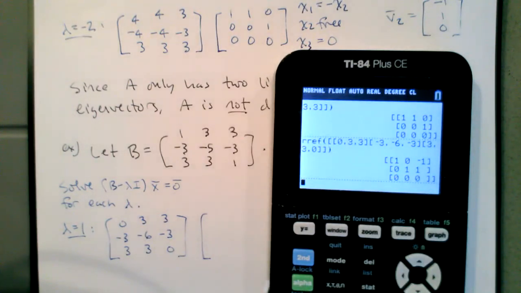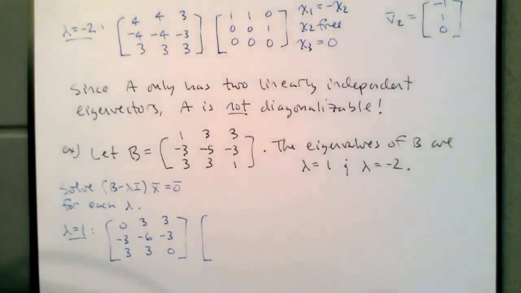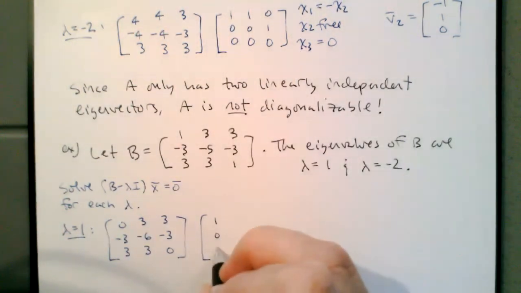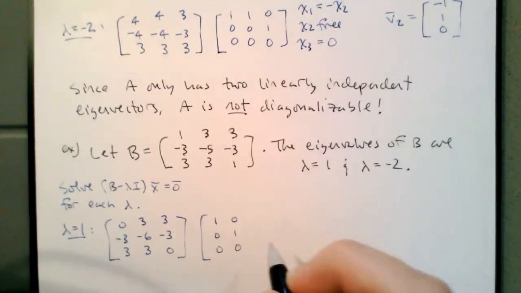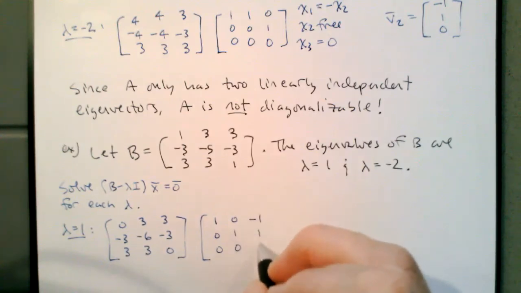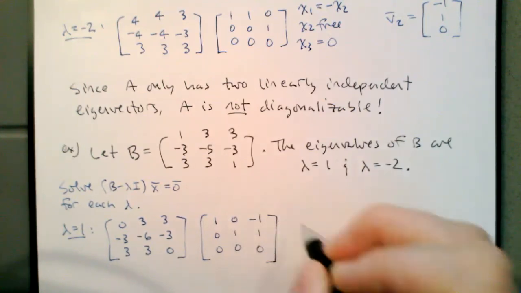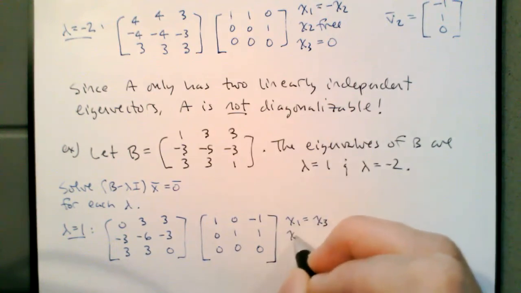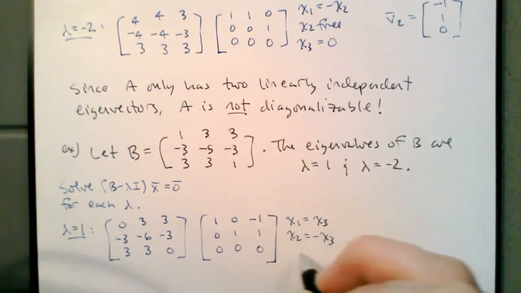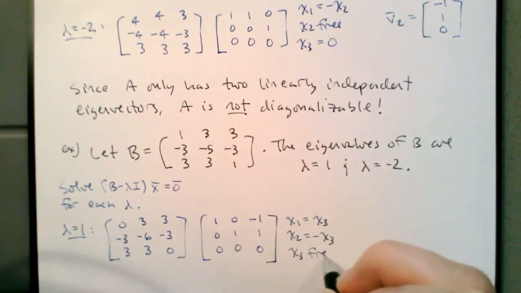So I got 1, 0, 0, 0, 1, 0, and -1, 1, 0. So we've got x1 is equal to x3, x2 is -x3, and x3 is free.